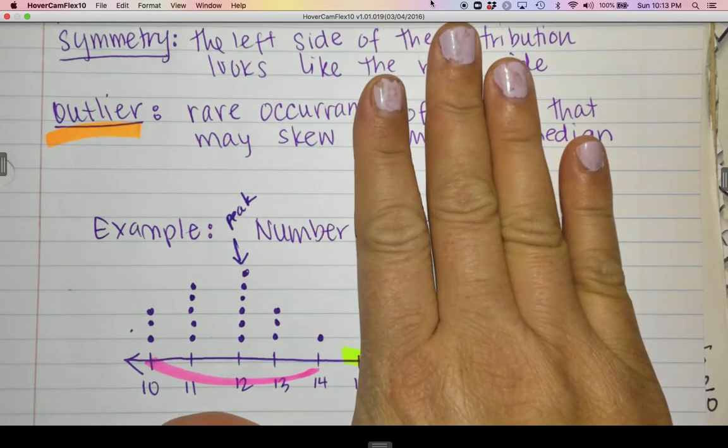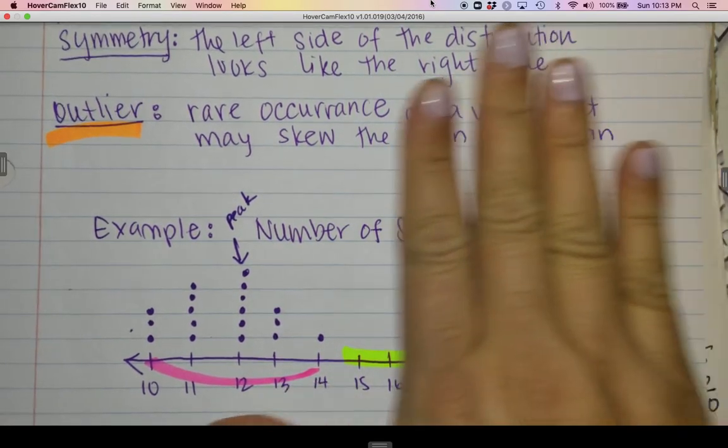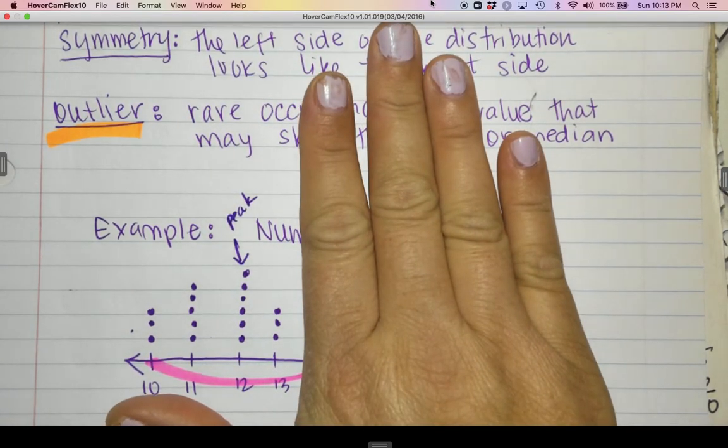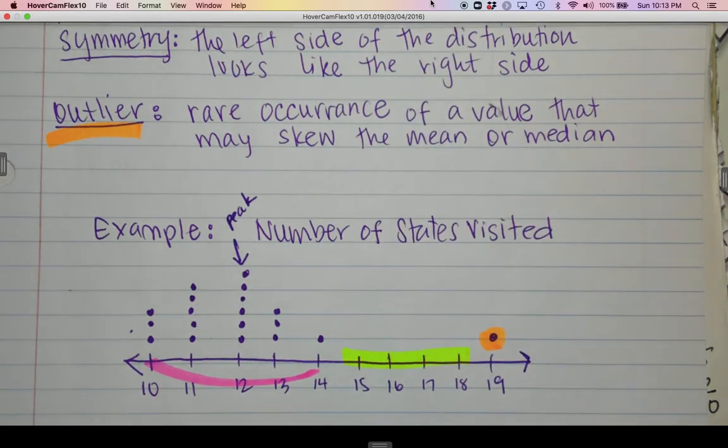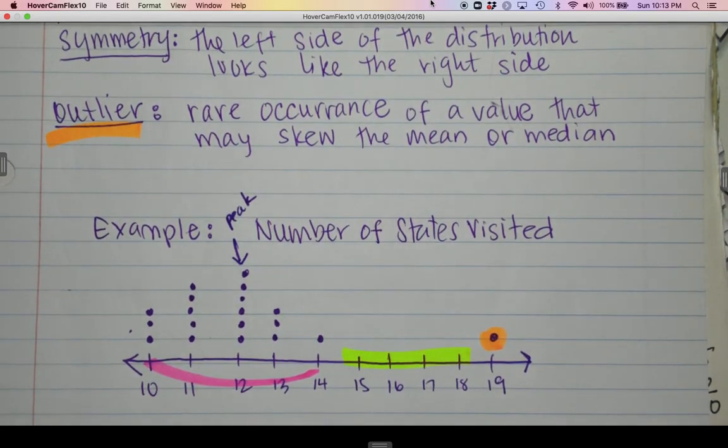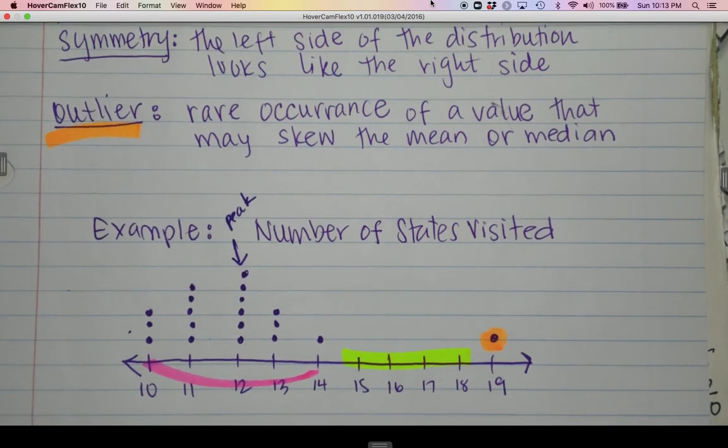But because I have 14 and 19, those don't make my graph symmetrical. So when we talk about data or distributions, we've got to use these types of words: cluster, gap, peak, symmetry, outlier. Those are things that we can talk about that make us sound a lot smarter when we're talking about data.